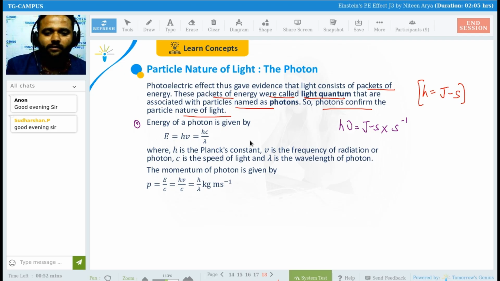If I multiply it with nu, which is second inverse, I again get the unit of energy, that is joule. Clear, everyone? From that relation you can check this.